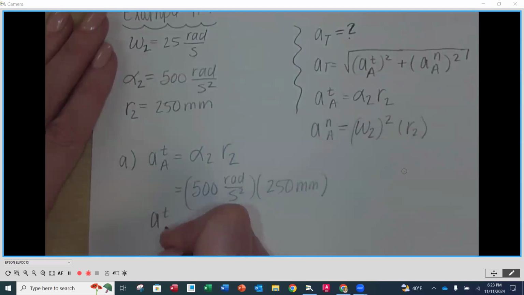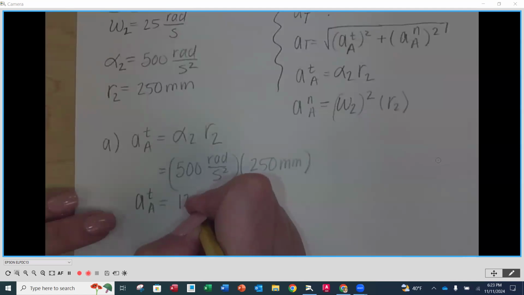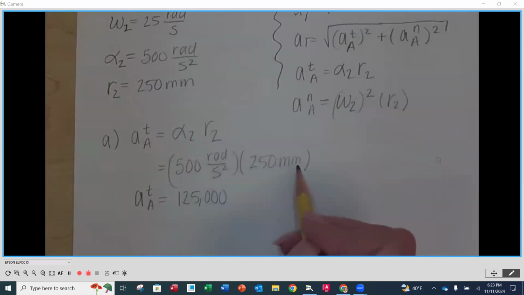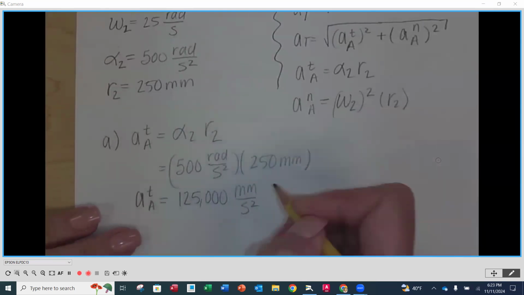So my acceleration tangential component, its value, multiplying those two out, you should get 125,000. Now, radians times millimeters is going to be millimeters, per second squared. So millimeters per second squared.